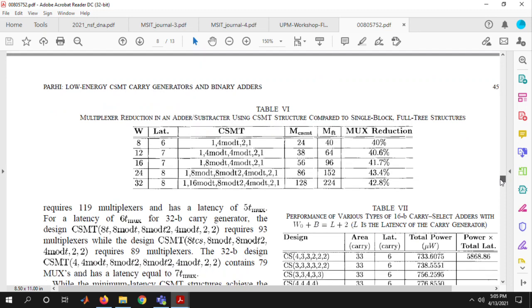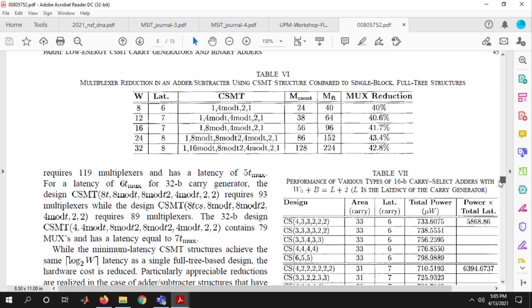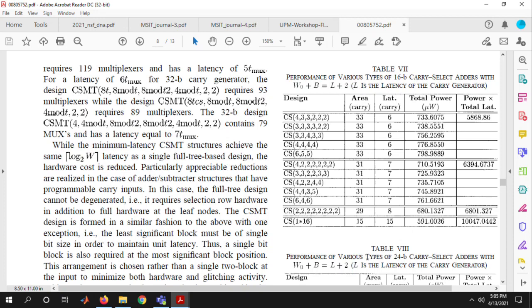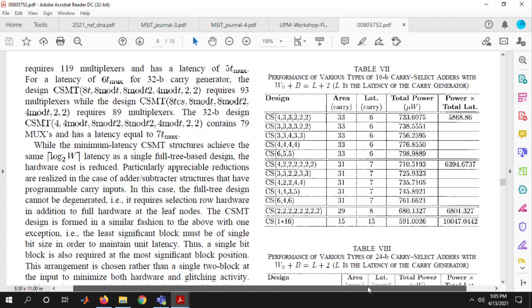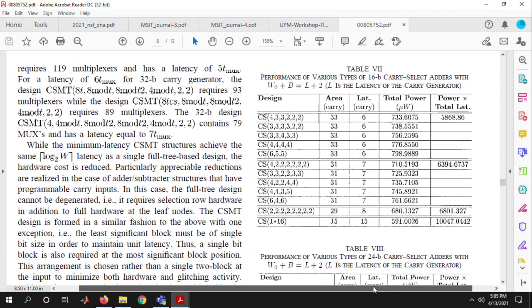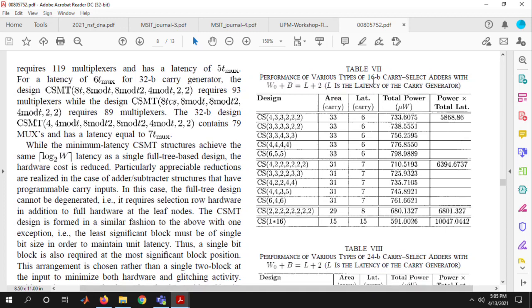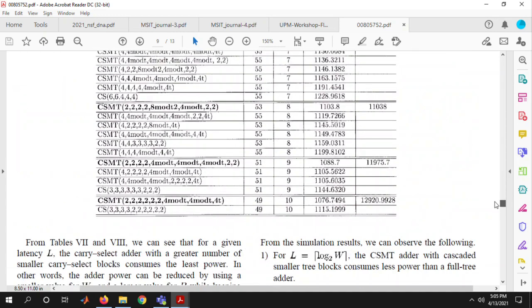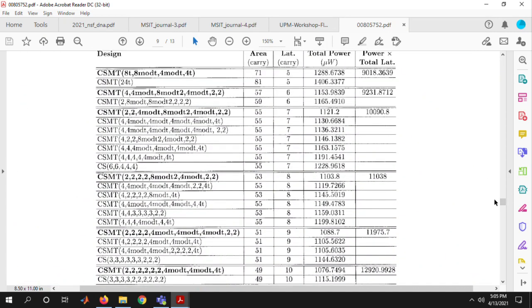And by doing that, we can reduce the latency, and we can reduce the power consumption of these adders and the power latency product. So for example, for a 16-bit design, you can see different configurations have different power consumption, different latencies, and different power latency products. I won't go through this in detail, but that's the basic idea.